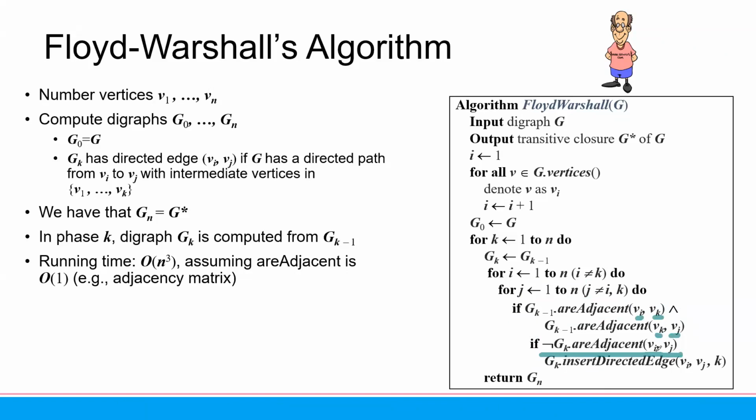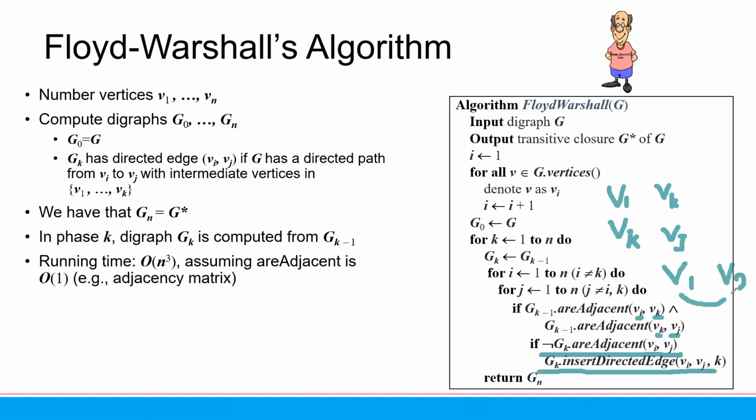And if vi, vk adjacent, vk, vj adjacent, but I want to know about vi and vj. If it is not adjacent, then we will insert a directed edge.